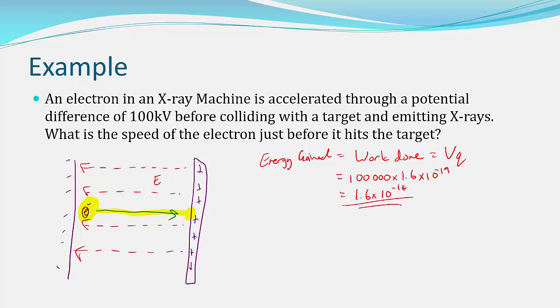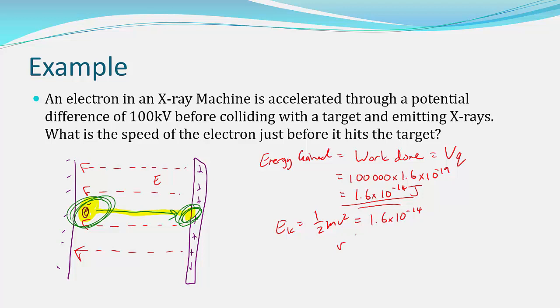So this is how much energy that particle is going to have when it lands here. I just need to know that this energy is equal to half mv squared, which is equal to 1.6 times 10 to the negative 14.